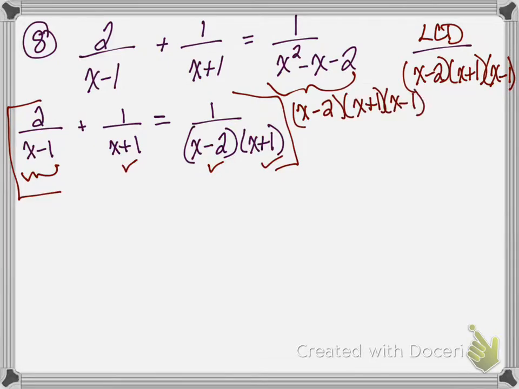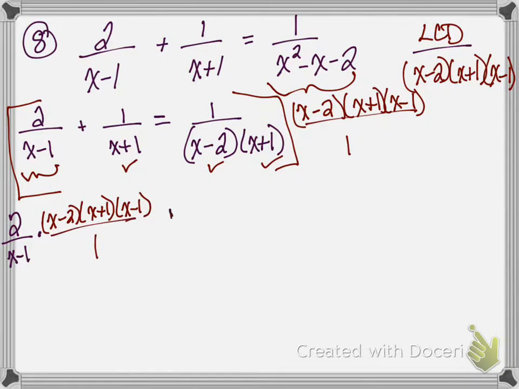Okay, and that's over 1. So here we go. I have 2 over x minus 1 times x minus 2 times x plus 1 times x minus 1 over 1.